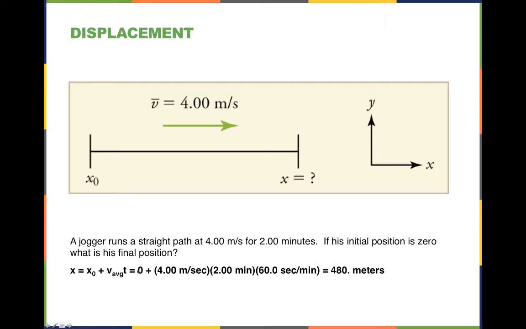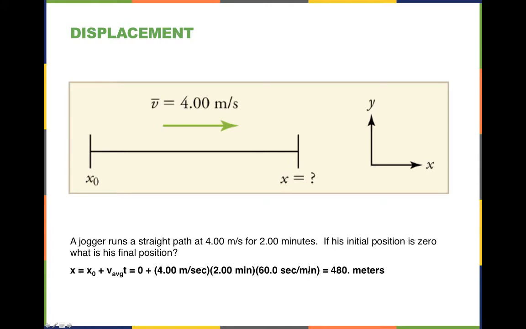And we said we started at the position 0. Then we take 4 meters per second times 2 minutes, but we have to change that 2 minutes to seconds. So it's 120 seconds. So the final position is a positive 480 meters.